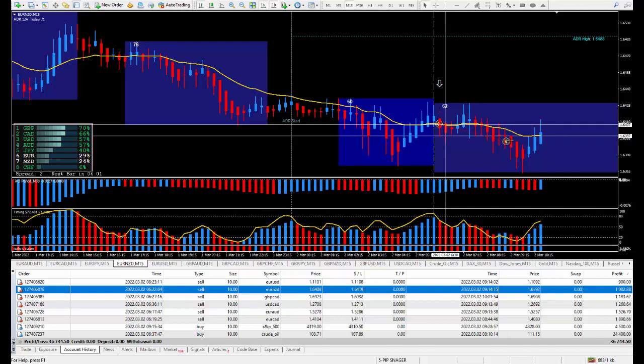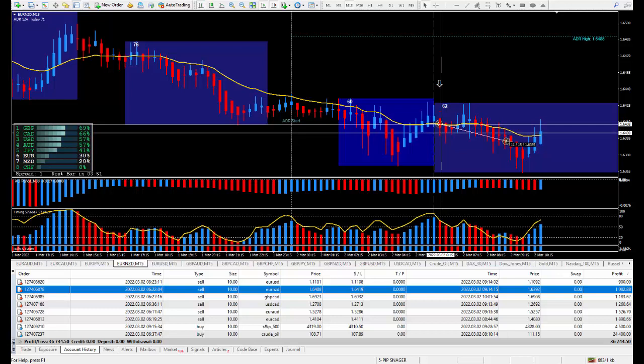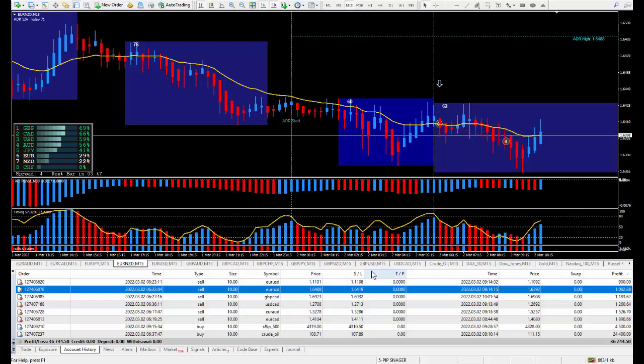Let's see how many pips I did get. Looks like about 15, and those 15 pips on the Euro New Zealand paid $1,082.